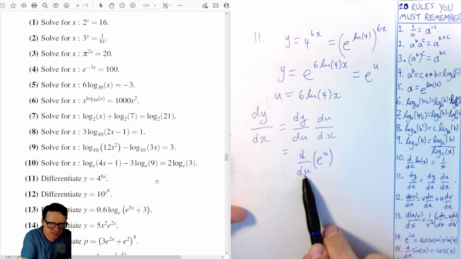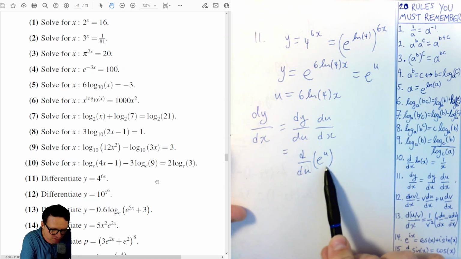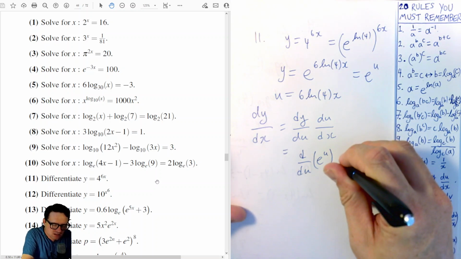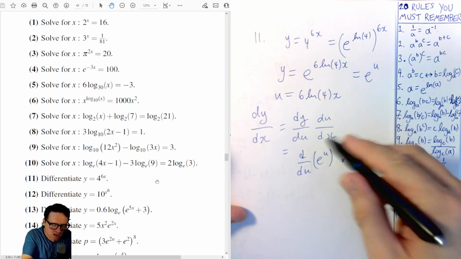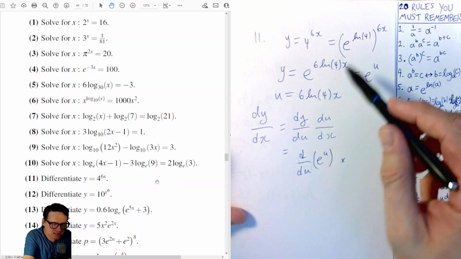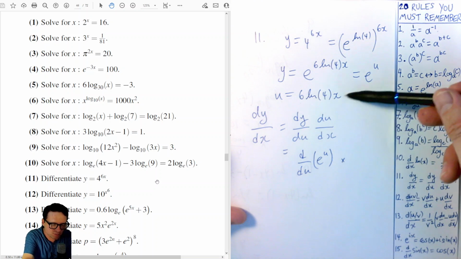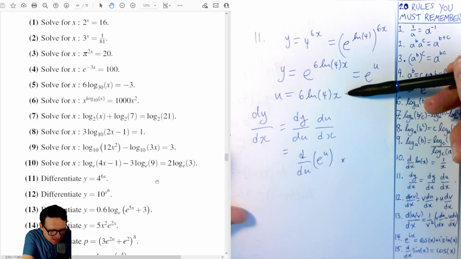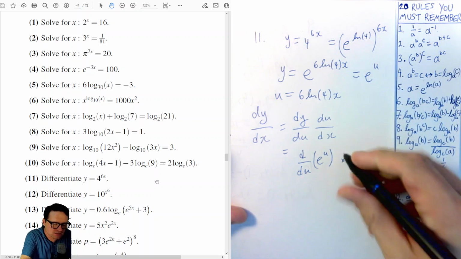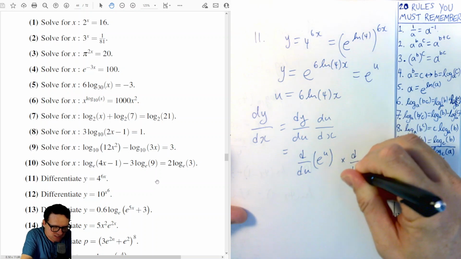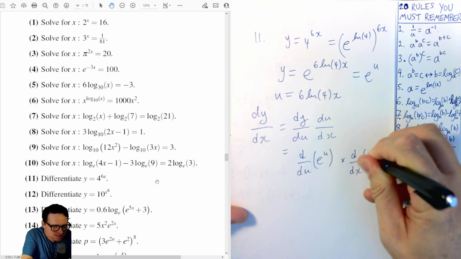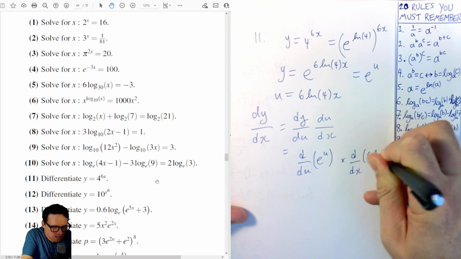Now I'm thinking of this as a differential operator operating on this. Then we multiply that result by du on dx, but u is this, so I'll put this as a function of x here and say that I'm differentiating with respect to x 6 ln 4 times x.